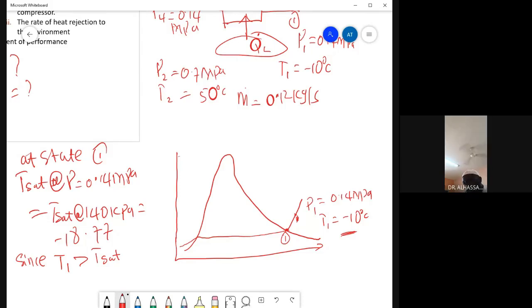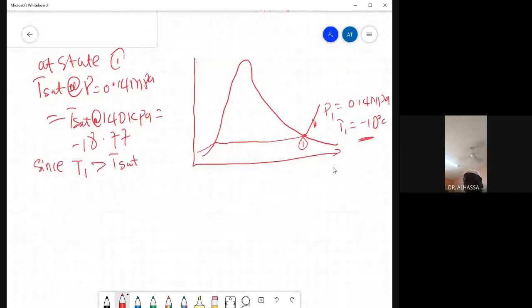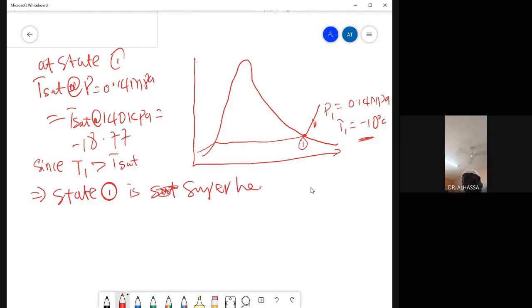This is very important, please, because if you make a mistake and say the fluid is in the saturated vapor state, then all your solution will be null and void. So you have to be very, very careful. Since T1 is greater than T saturation, state 1 is the superheated state.